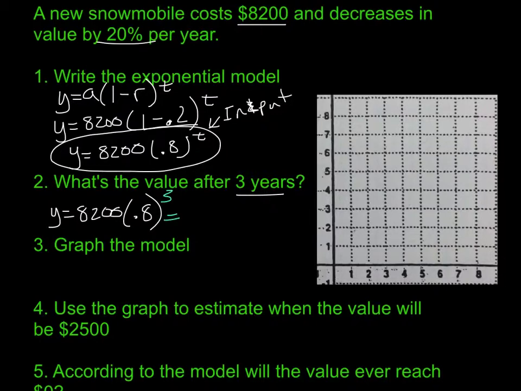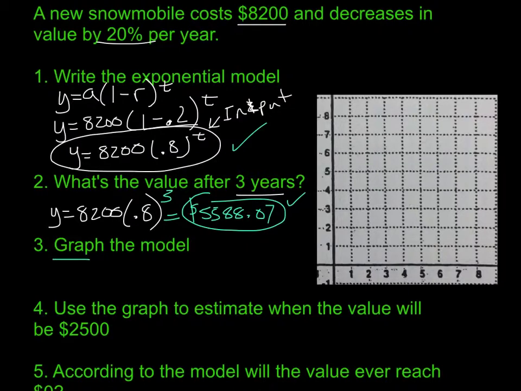And if I input that on my calculator, 8,200 times 0.8 to the 3, I can find out that my snowmobile after 3 years is worth $5,588.07. So we got a model. We use the model to see what I'd be worth after 3 years, and we can get a little bit better picture of this if we graph it.